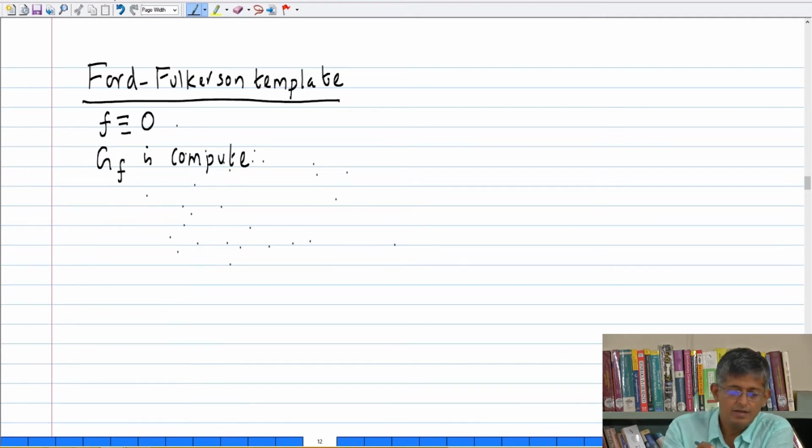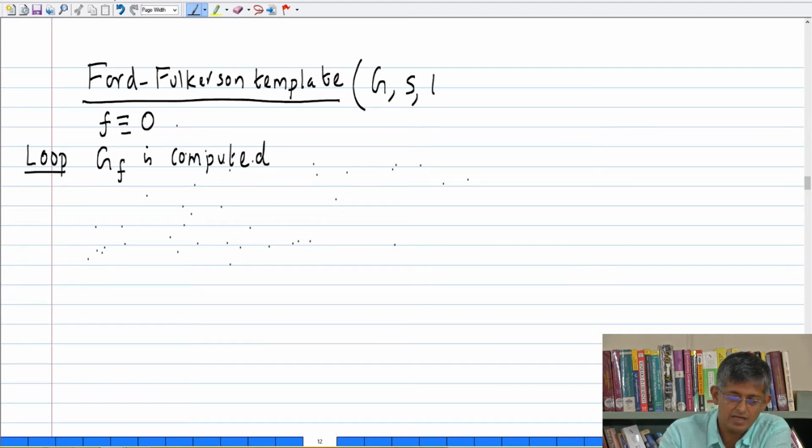I will also put a marker here, which is a loop. You compute GF on the directed graph G for S comma T with capacities C.